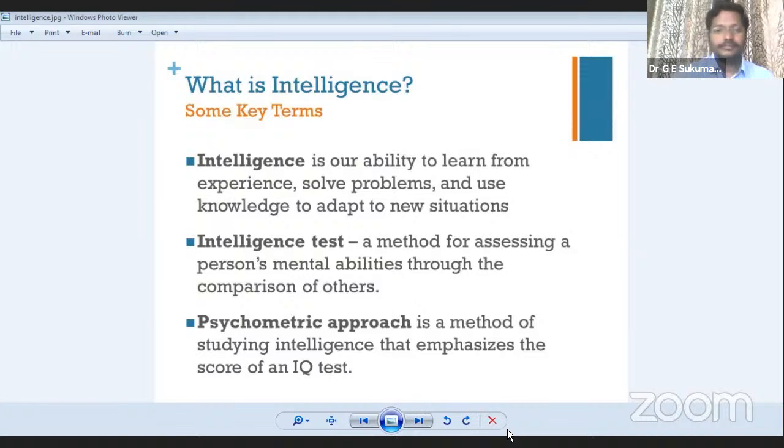Intelligence test. An intelligence test is a method for assessing a person's mental ability through comparison with others. As we know, intelligence has different dimensions, so all the dimensions have to be taken care of during standardization and test construction. Someone says it is new experience, someone says problem-solving ability, someone says how you adjust to new situations.